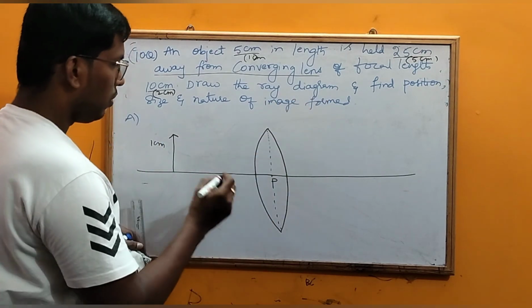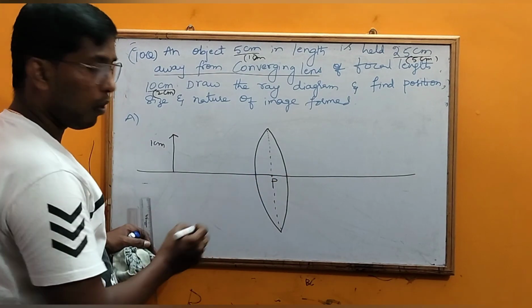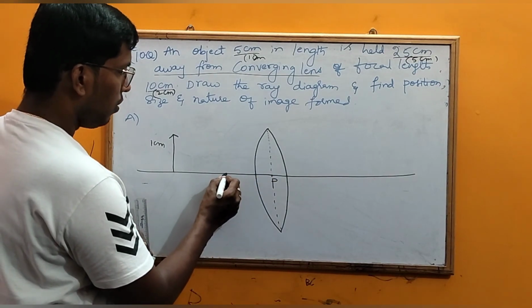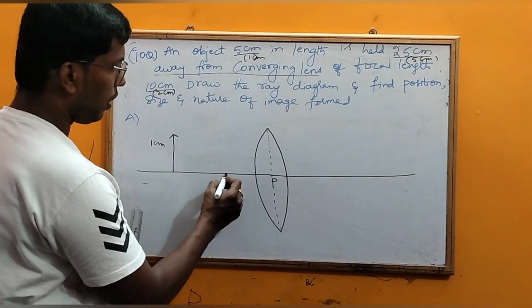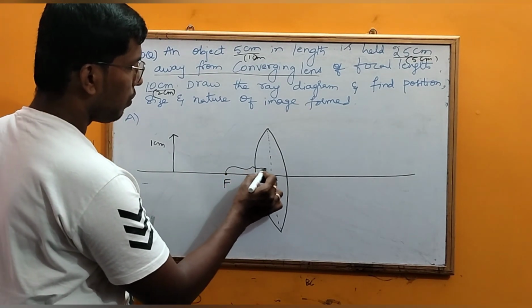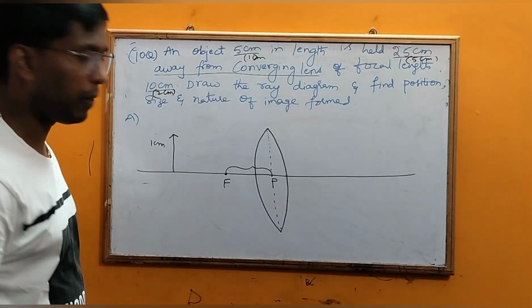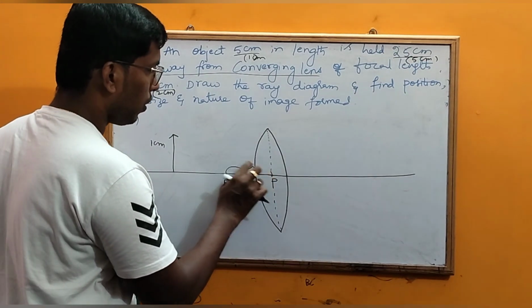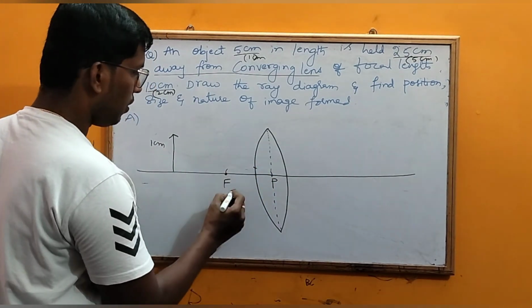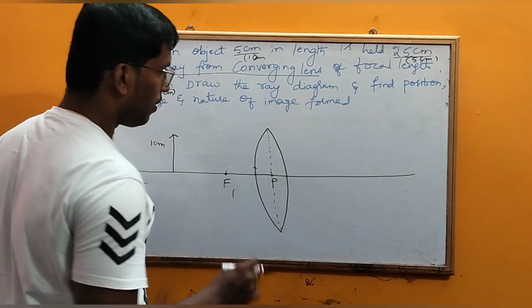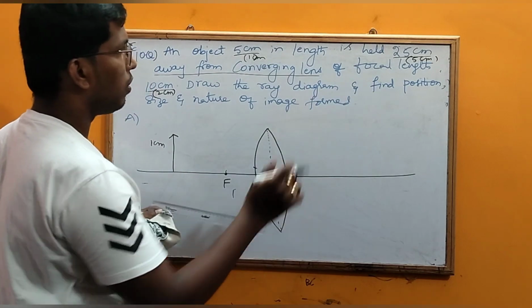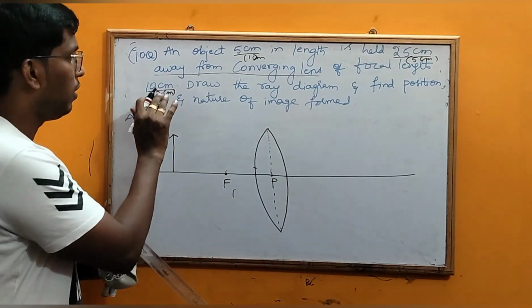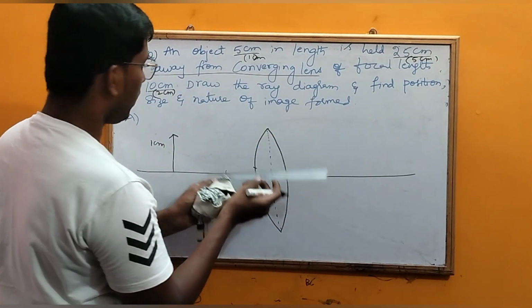Now, if this is the optic center, this will be the focus point. So what is focal length? Focal length is nothing but the distance from the pole, or from the optic center, to the focus point. Let us consider this as f1. And here, how much distance should we take? f2 is 10 centimeter, so 10 centimeter, you will take it as 2 centimeter only.